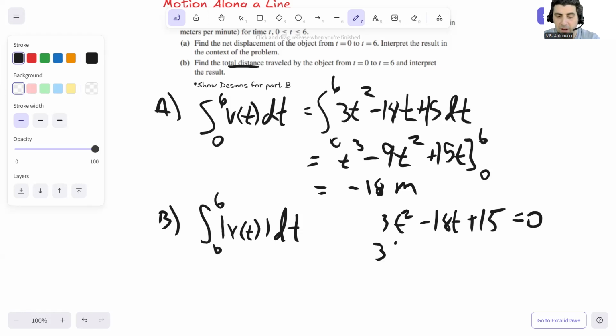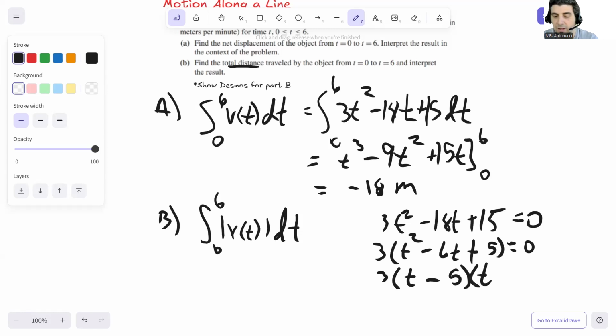If you take out a 3, you would have t squared minus 6t plus 5 equals 0, and then 3 times t minus 5 times t minus 1. That means that the velocity is 0 at t equals 5 and t equals 1.